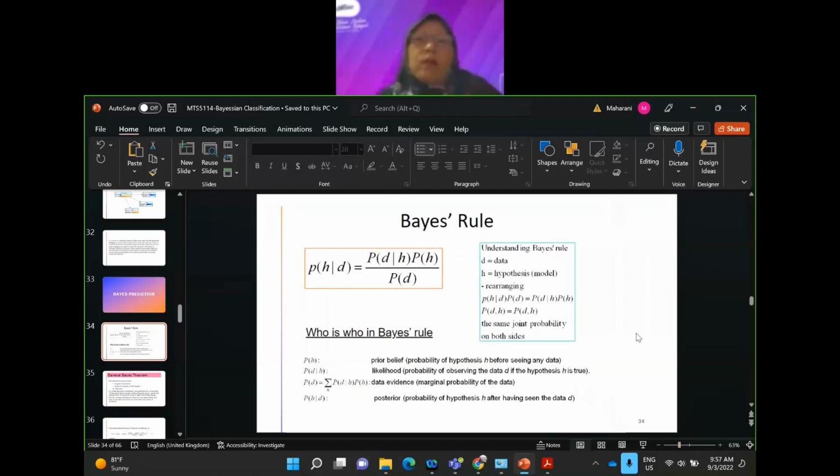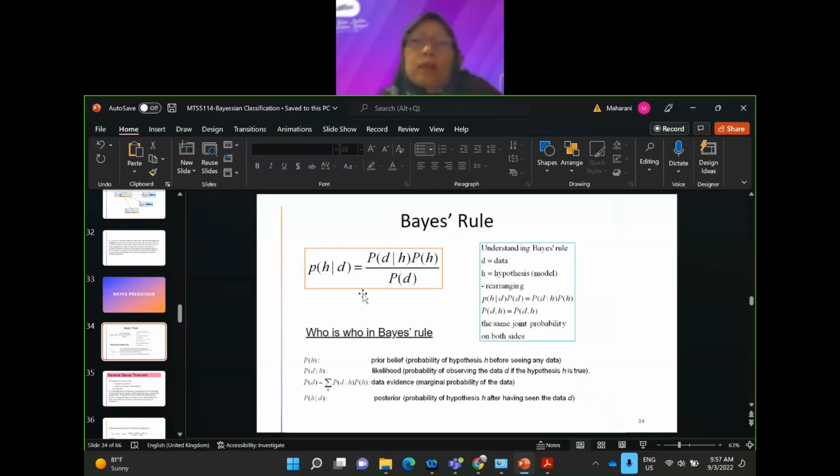As we all know, the Bayes theorem says that to compute the probability of event H with condition D, where we have some notation: D is the data, just the event data, and H is the hypothesis.